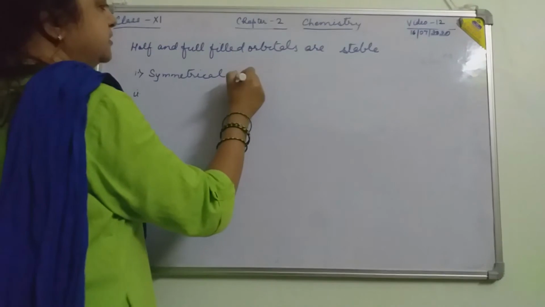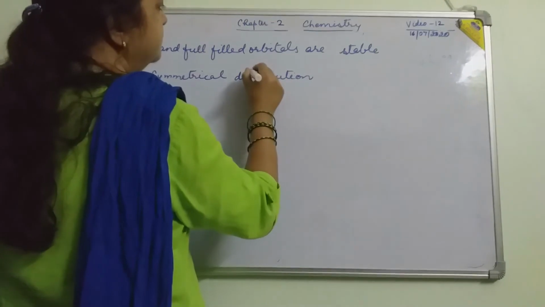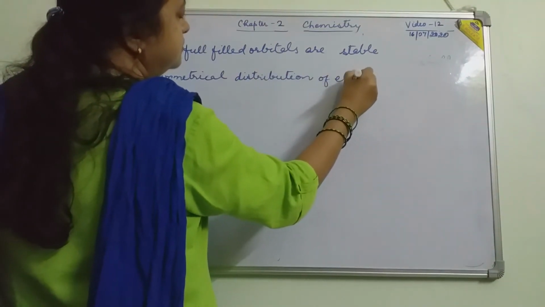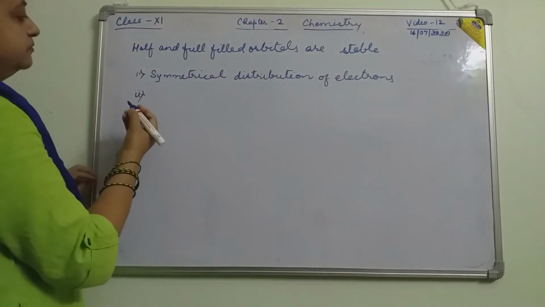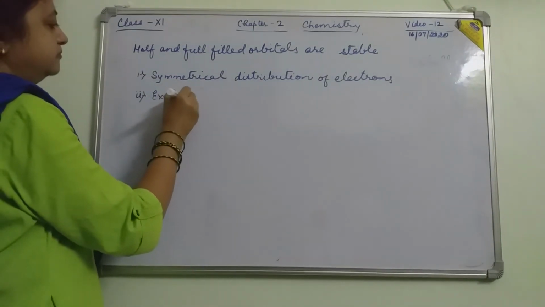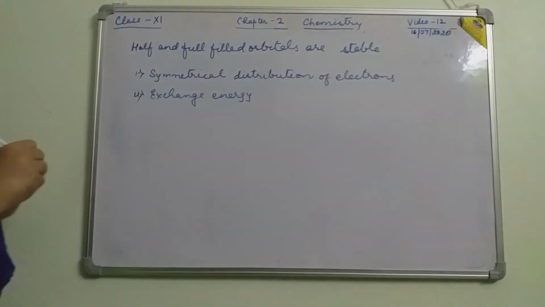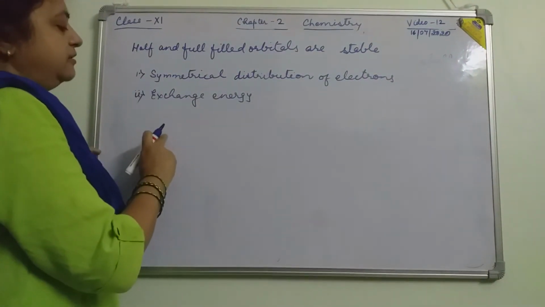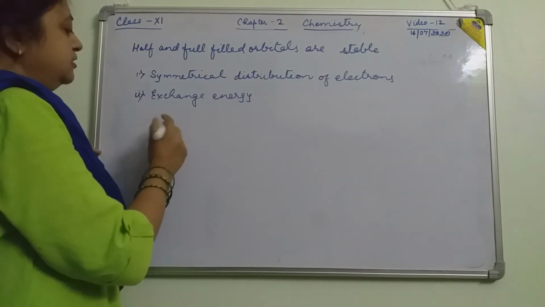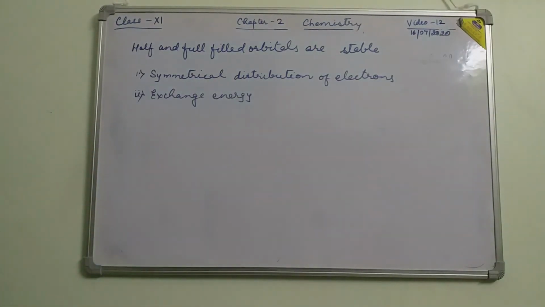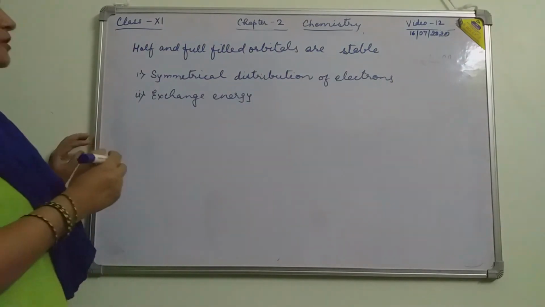We can say the first factor is symmetrical distribution of electrons, and the second is exchange energy. The greater the exchange energy, the greater the stability. When an electron in the ground state moves to another available orbital, there is an exchange of energy.